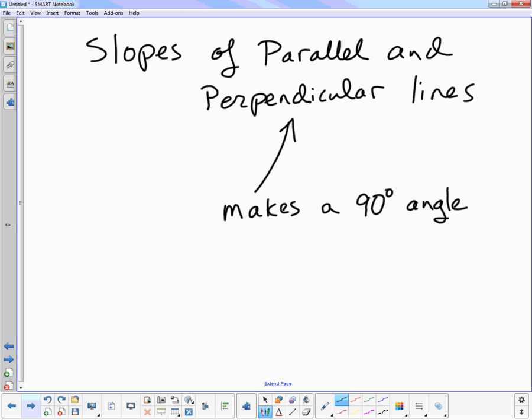Perpendicular lines are lines that have a 90-degree angle between them. Okay? If two lines are perpendicular, like for example, if I have this, better yet, let's do this.